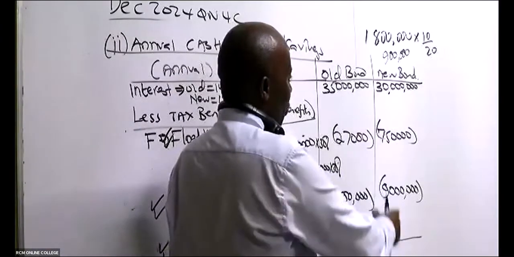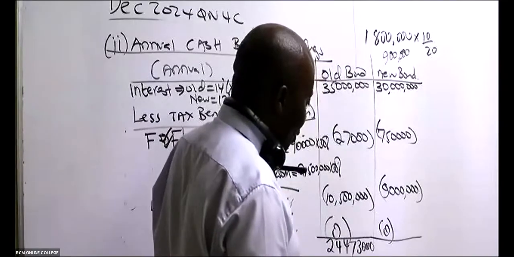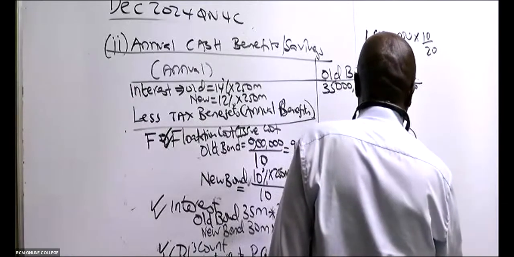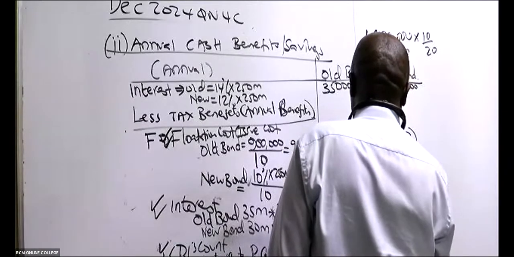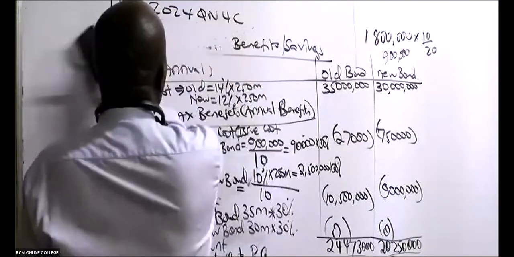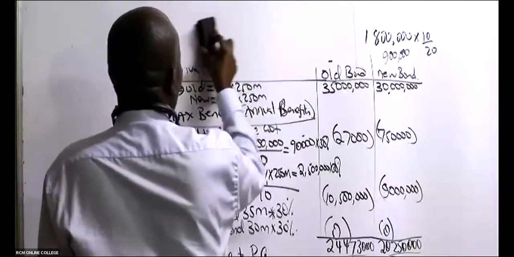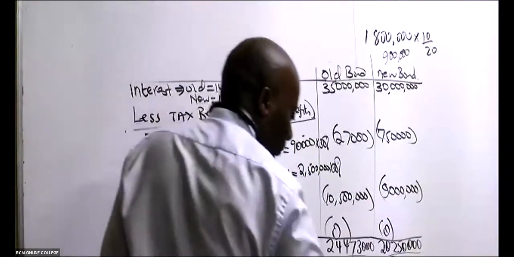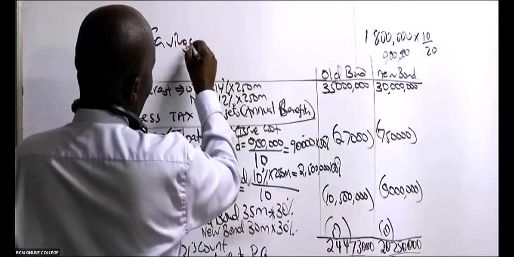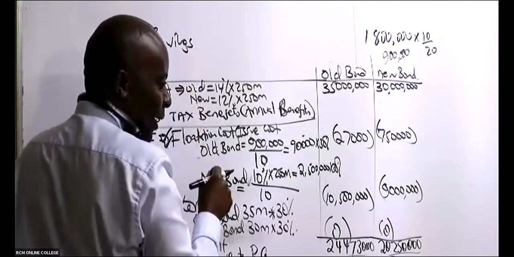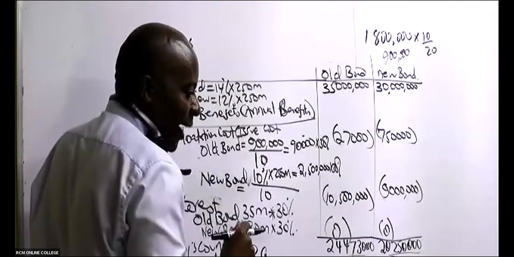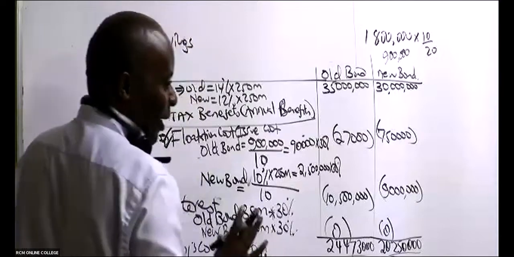How about the net interest for the new bond? 20,250,000. So with the new bond you are saving. Please give me the savings for the new bond. If we refinance and go for this new bond, any question, please feel free to ask.